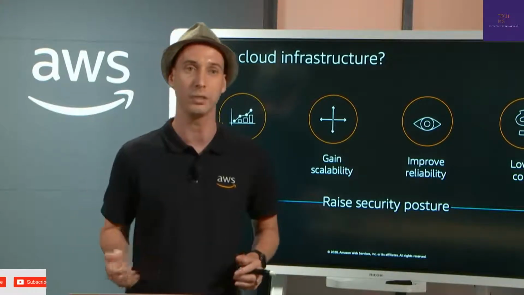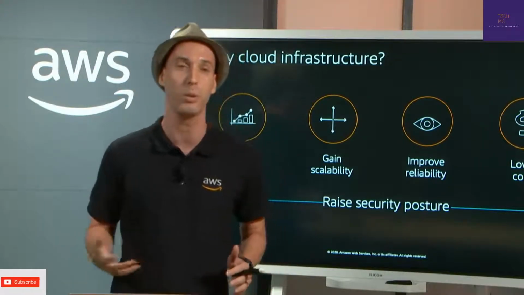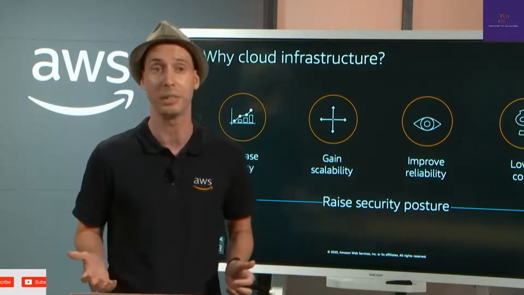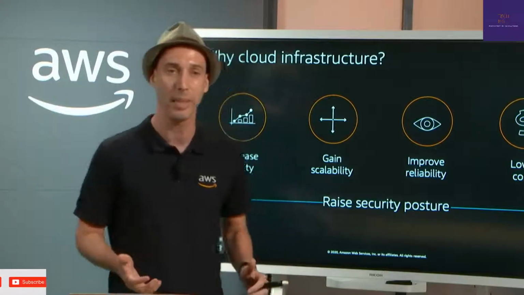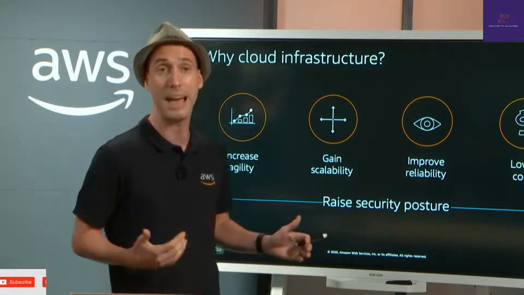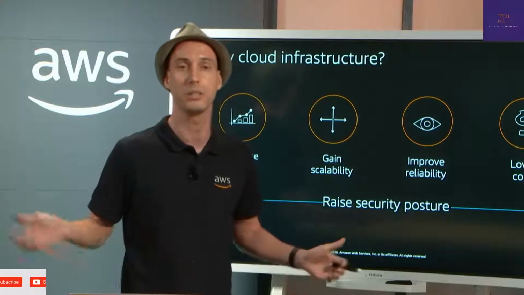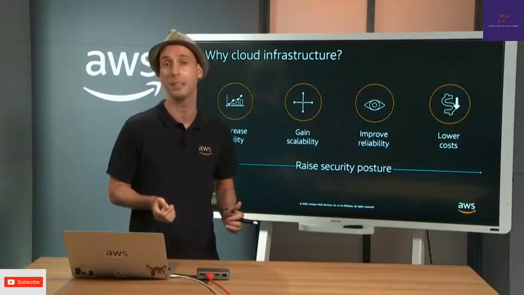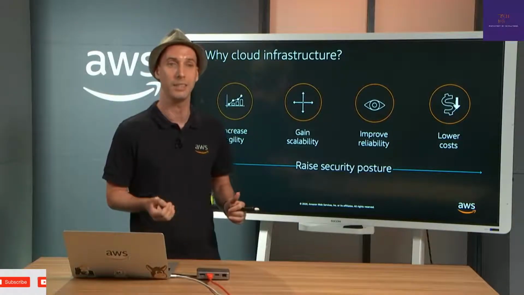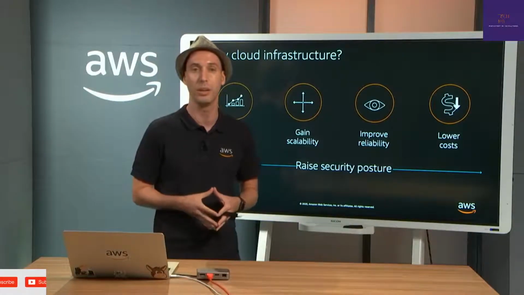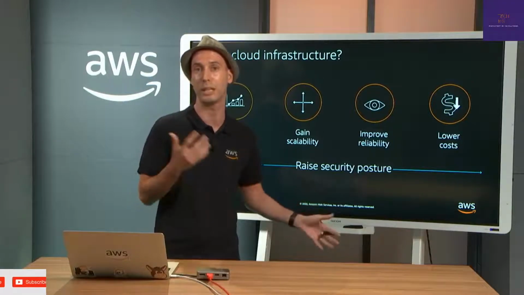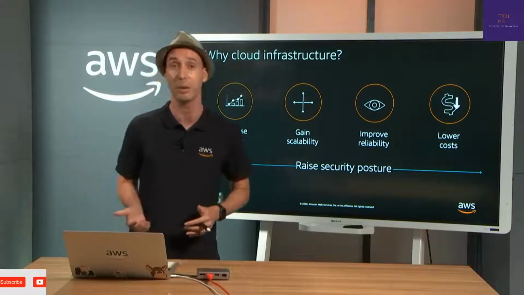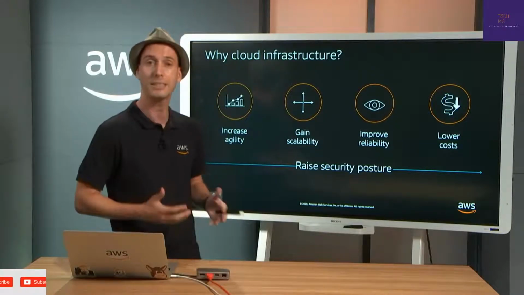Instead of the traditional way, where if you wanted to deploy some new service, the first thing you would do is buy a bunch of servers and rack them up in a data center somewhere in this large capital expense, now you can provision servers on demand or plug into existing services that we offer on demand right when you need them, and then only pay for the resources you use. So changing that huge capital expense upfront for a variable operating expense is a really nice value proposition that a lot of companies are attracted to the cloud for.